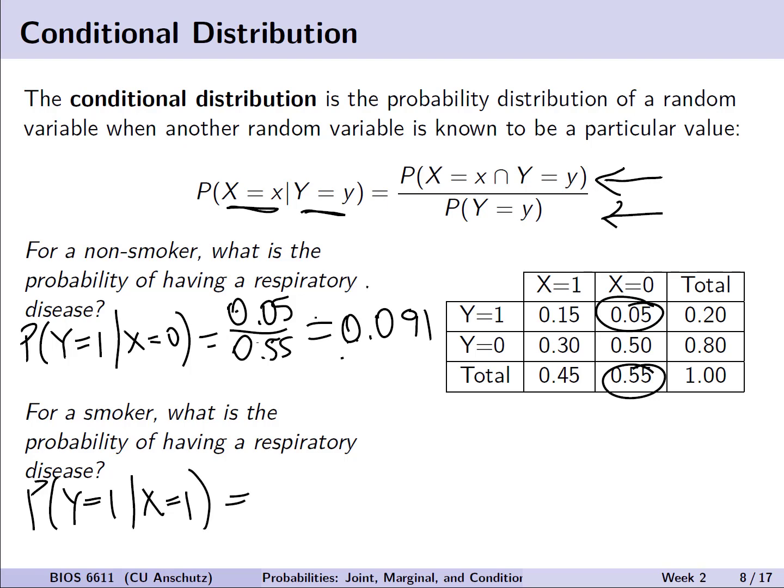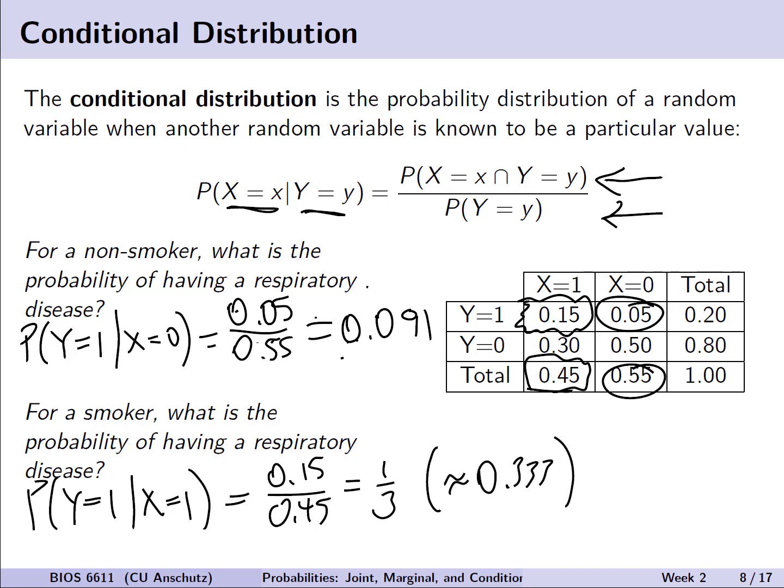We can write out that formula more formally above, but in this case, we'll just mimic what we did before, replacing that value appropriately with the 0.15, divided by the probability of being a smoker for its marginal distribution of 0.45, which we can notice is equal to 1/3 or approximately 0.333. So if we already know someone is a smoker, there is a higher probability of having a respiratory disease than if someone was a non-smoker.